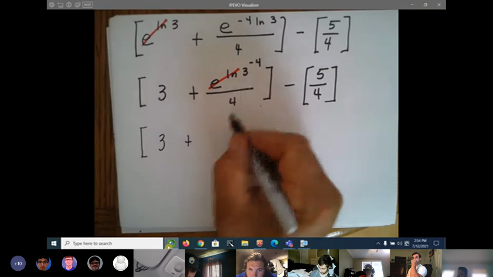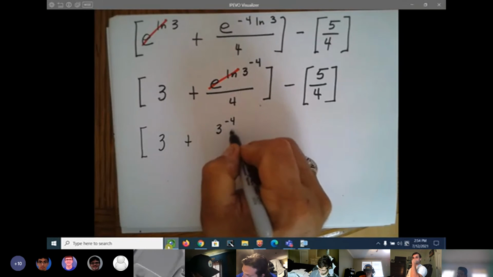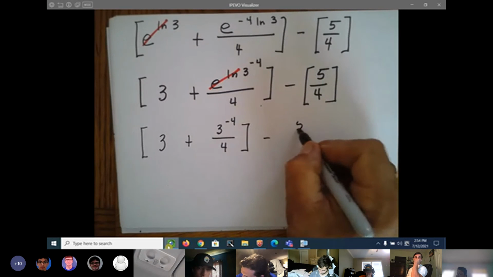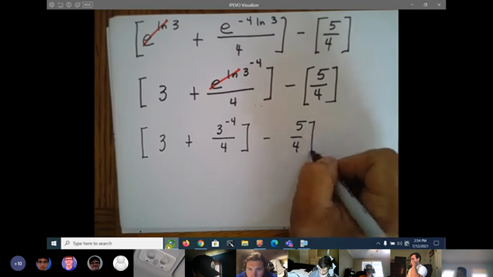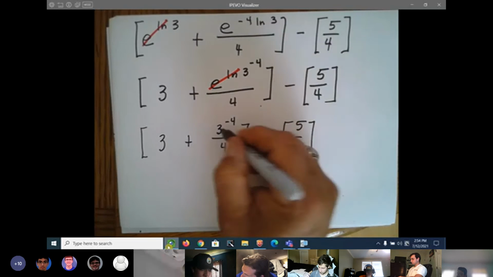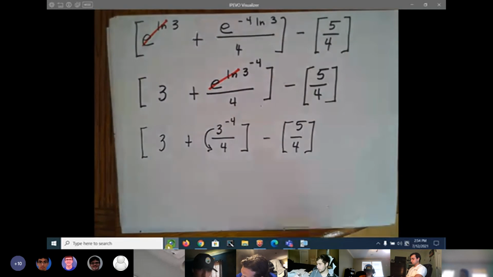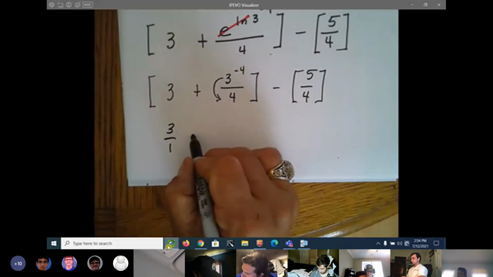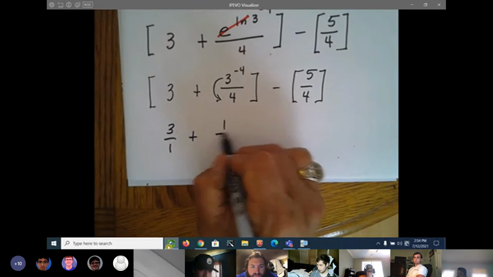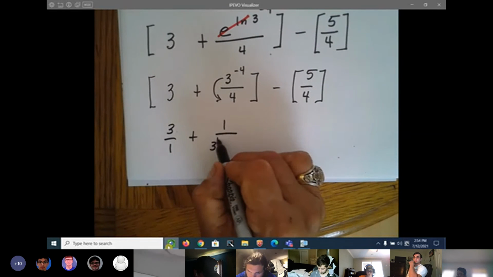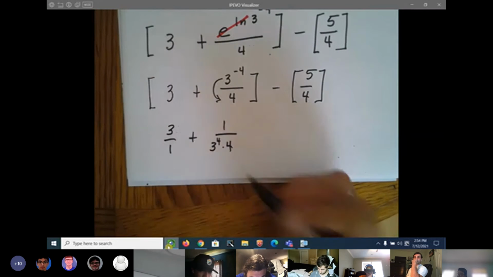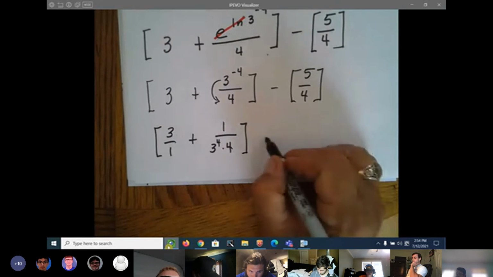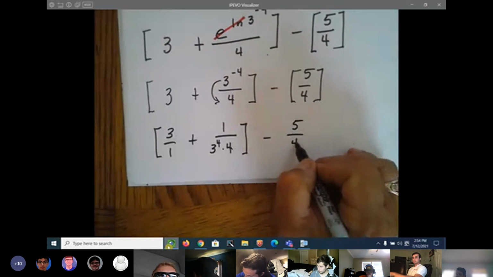So that's going to be 3 to the negative 4 over 4 minus 5 over 4. And this is going to come downstairs. So 3 over 1 plus 1 over 3 to the 4th times 4 minus 5 over 4.